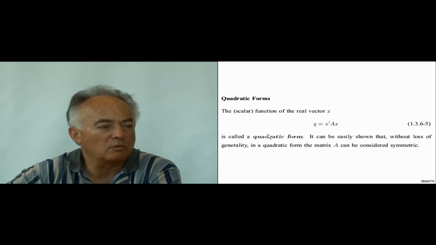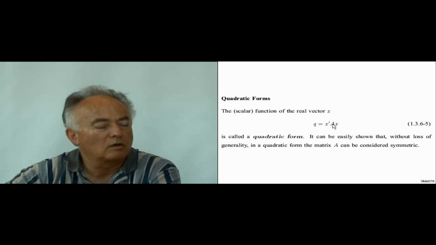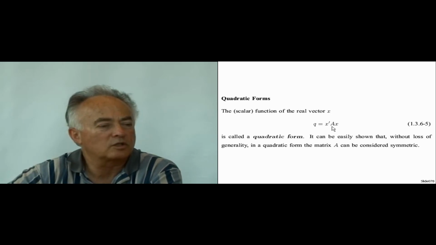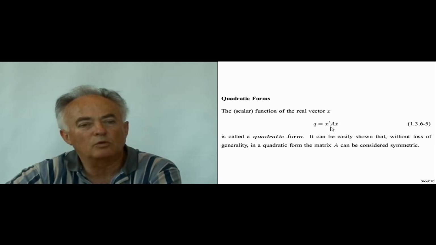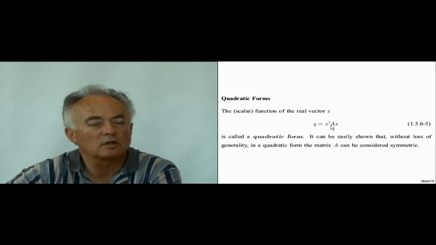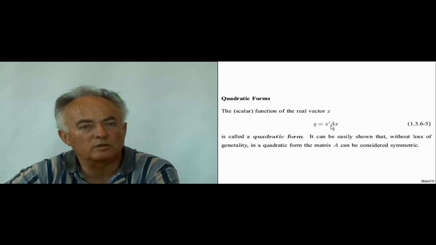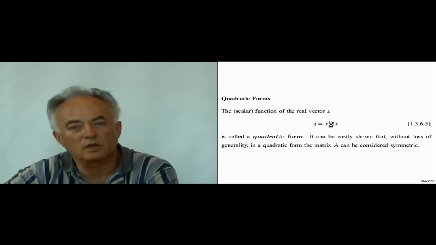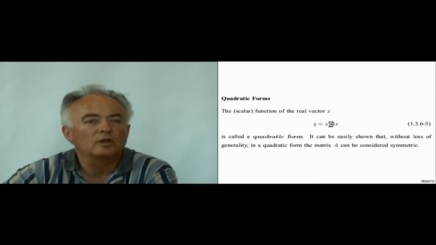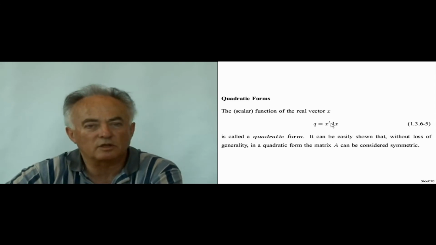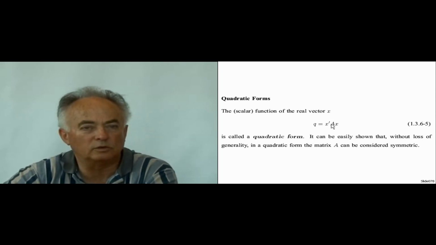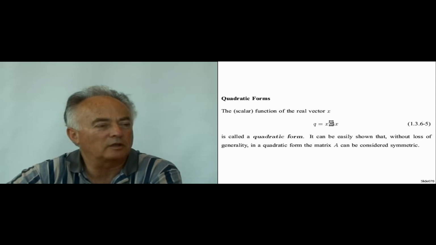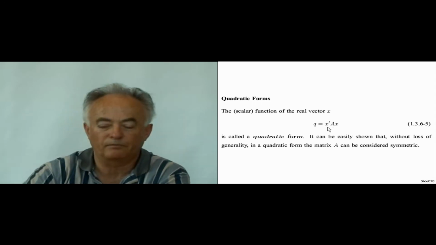It turns out that the matrix A can be considered symmetric because every matrix can be decomposed into its symmetric and skew-symmetric components, a sum of two matrices, and the skew-symmetric has zero diagonals. A_ij is minus A_ji, so it ends up contributing 0 to the quadratic form. Therefore, you might as well take a symmetric matrix here.